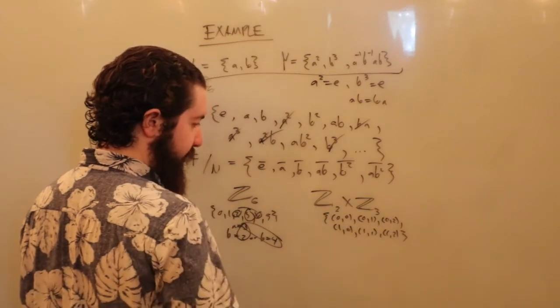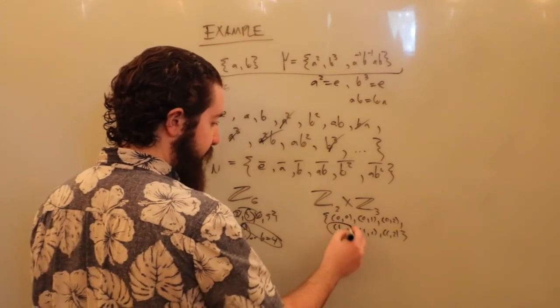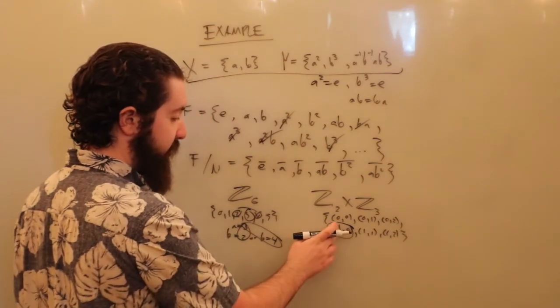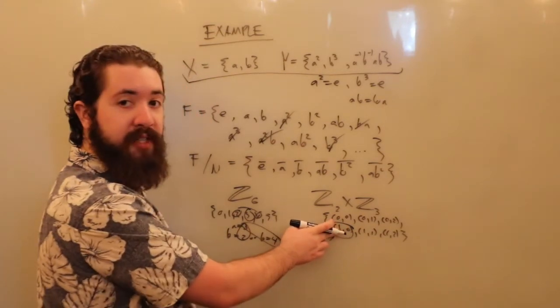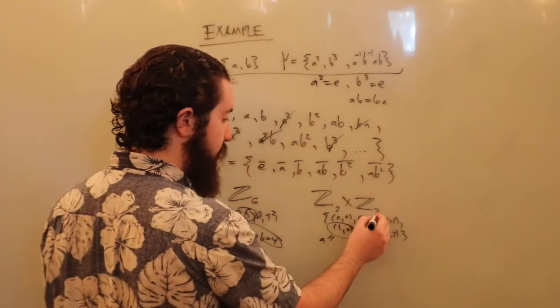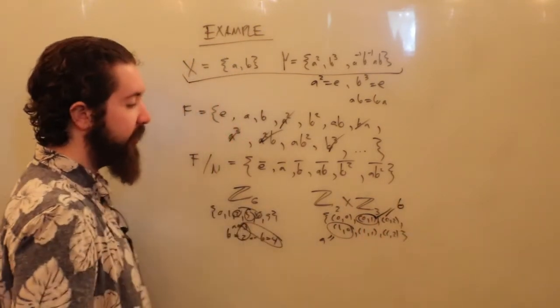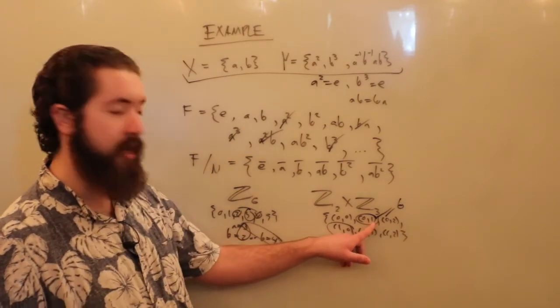So it looks like (1,0) could be our A. It squares to the identity, because the first coordinate is mod 2. And then (0,1) would be a great B because the second coordinate is mod 3.